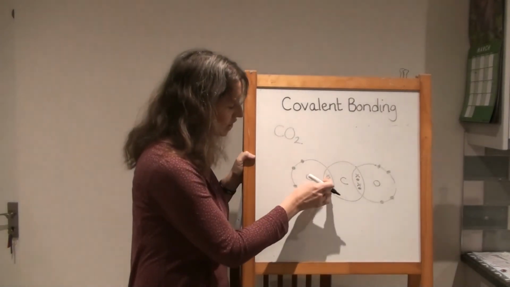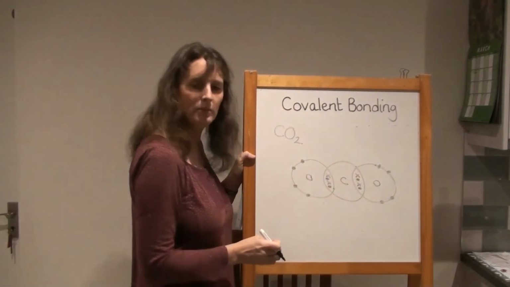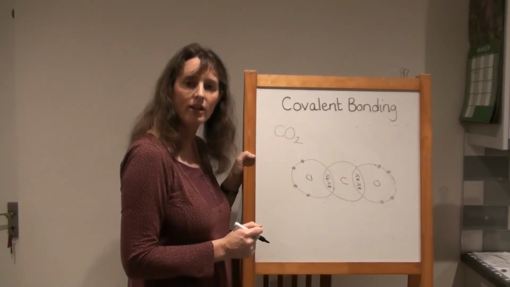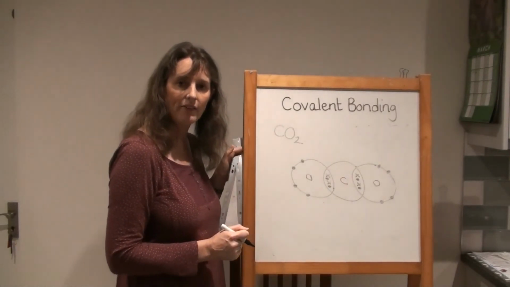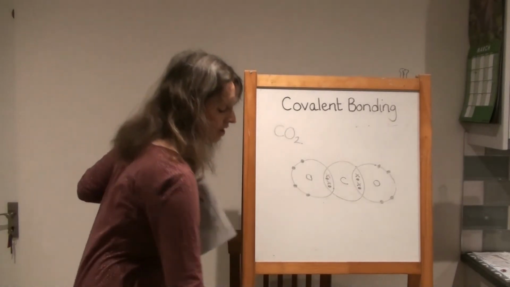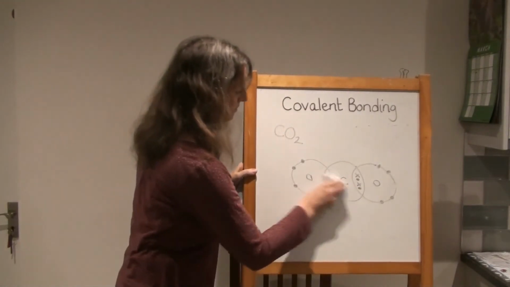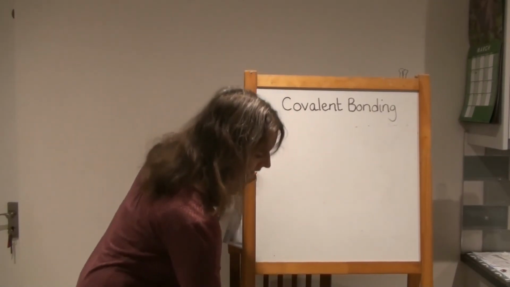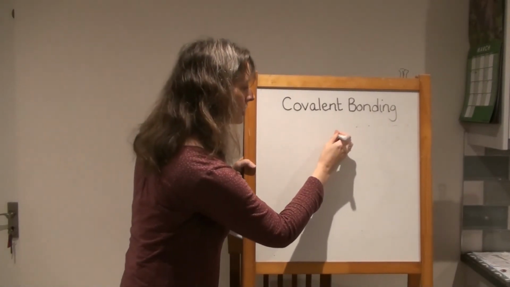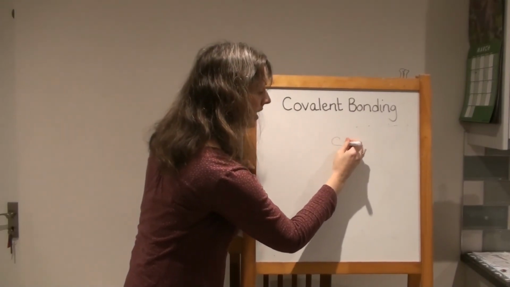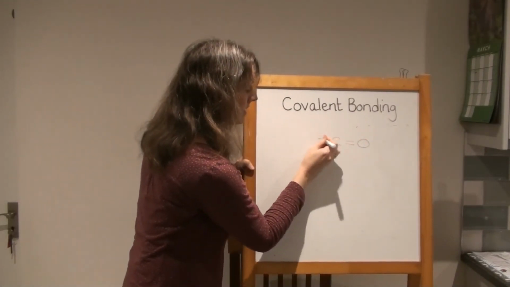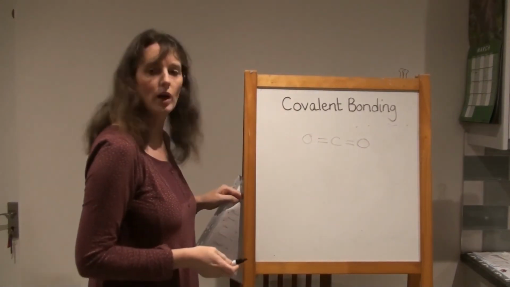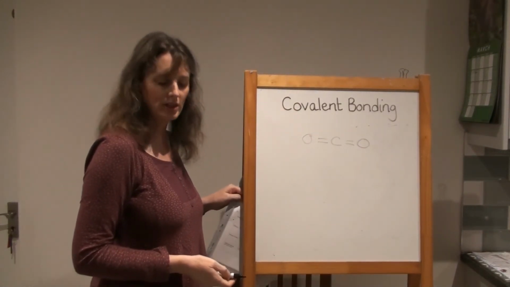They're putting them in the shared section and then repeating them in the non-shared section, and that's why it's important to check that you've only got 8 at the end of your diagram completion. Just before we move on, if you wanted to draw that, that would be C and double bonded each side to an oxygen. So we have CO2.